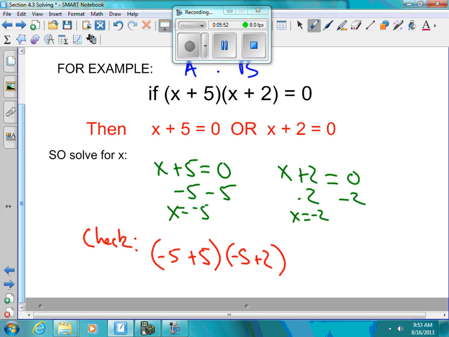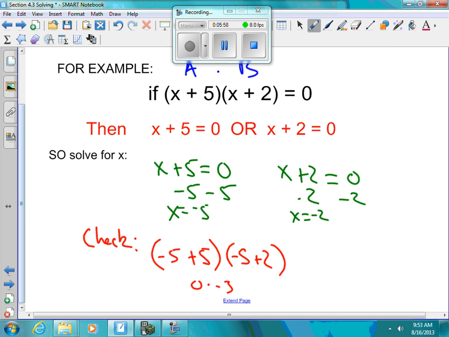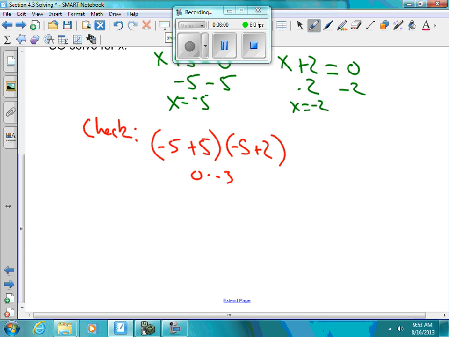Negative 5 plus 5 is 0 times negative 3, which is 0. So negative 5 is an answer. When I check negative 2, I get negative 2 plus 5 times negative 2 plus 2. That's 3 times 0, which is 0. So that checks. So that's how you do it algebraically.